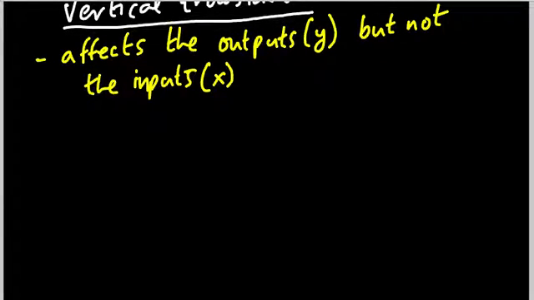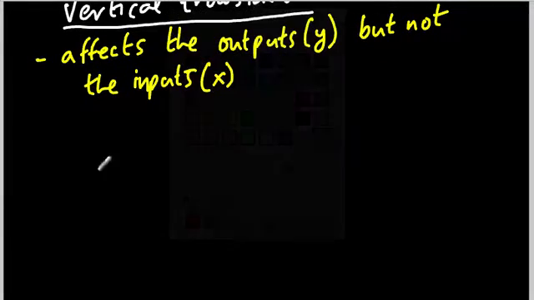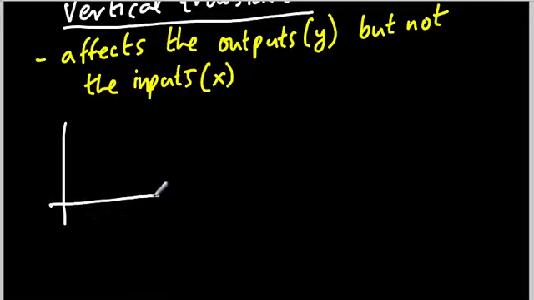So let's just do sort of a quick example. Say, for example, I have an xy, and I pick a random point. So let's say I pick 1, 2. It's just a coordinate.